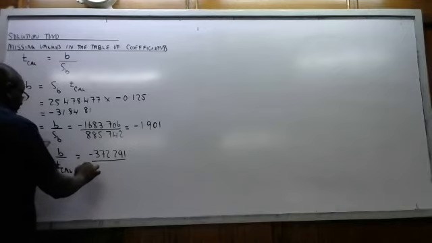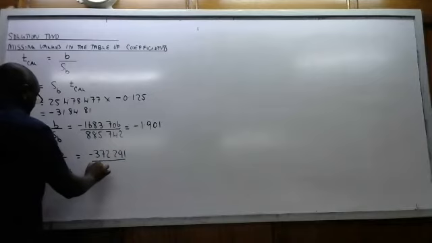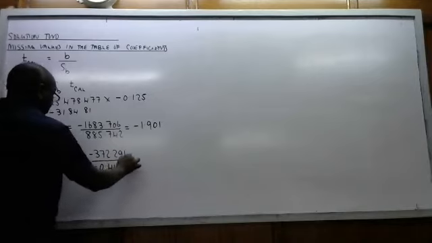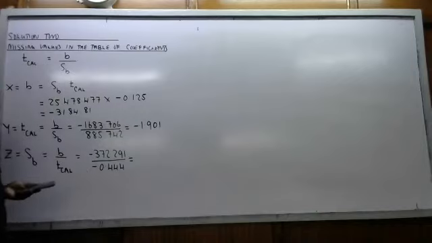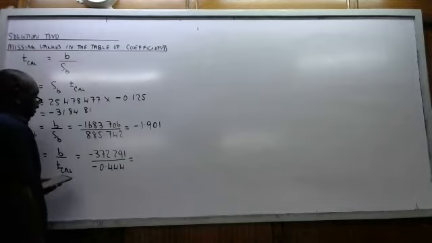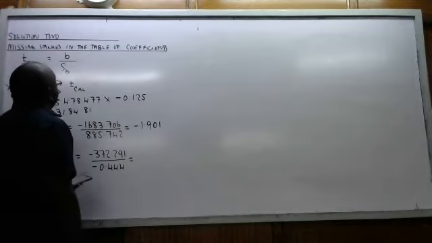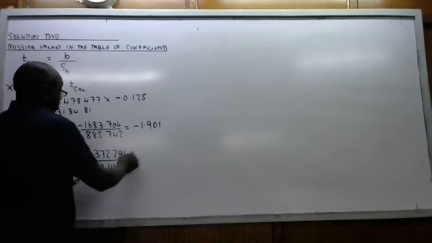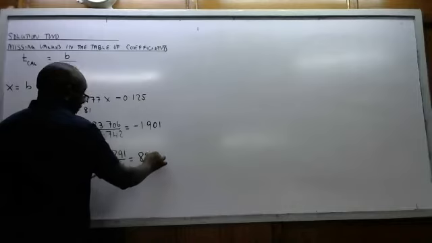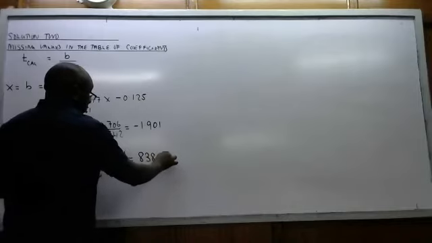You divide that by T calculated, which is minus 0.444. Three decimals. 838.493.